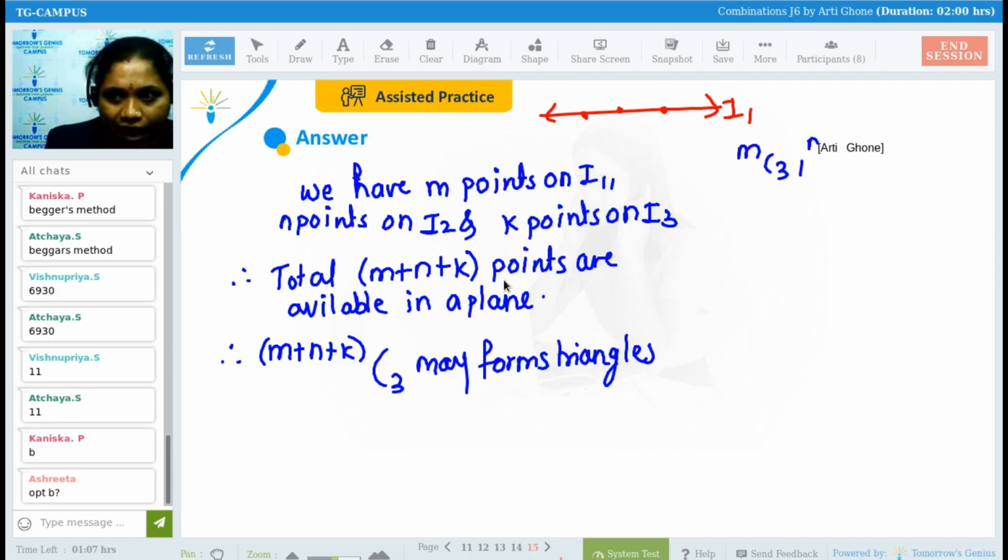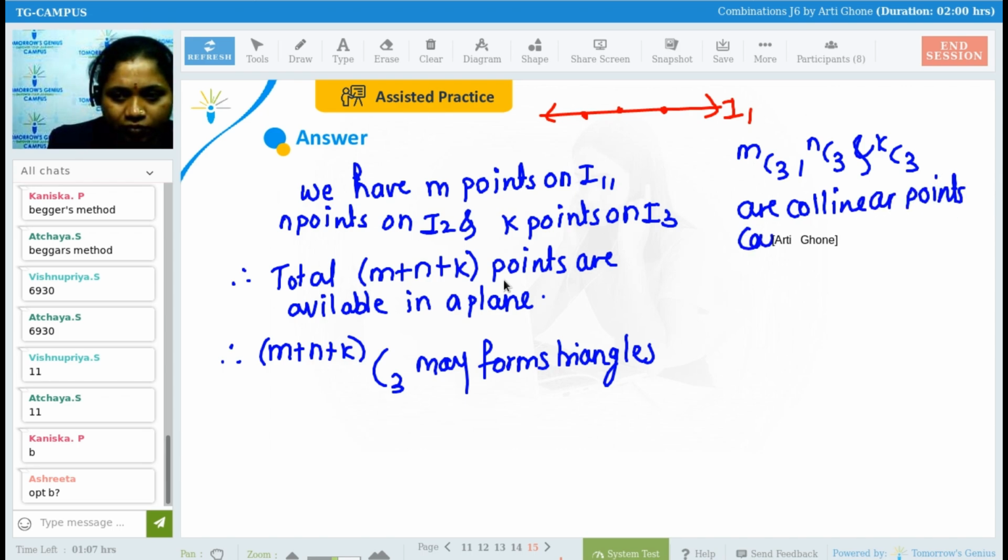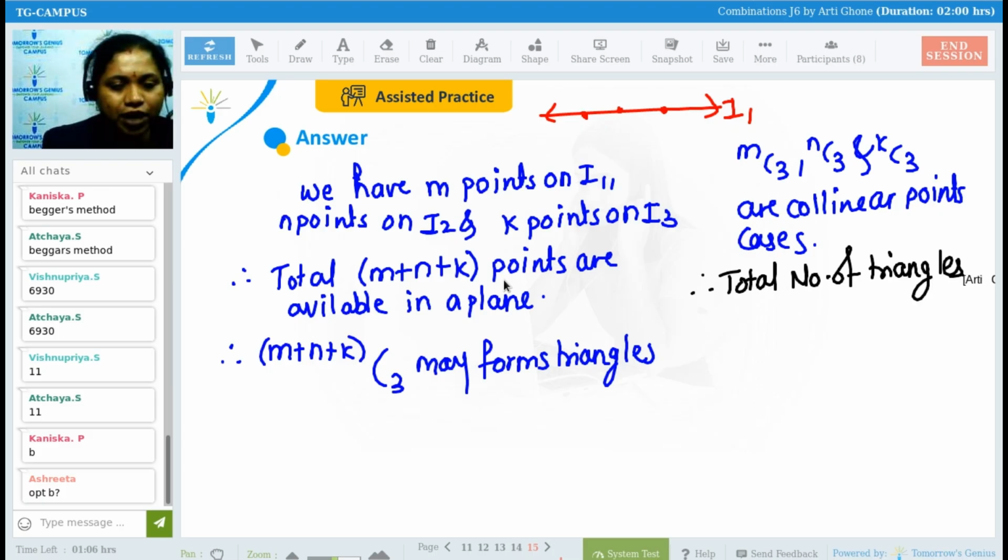MC3, then NC3 and KC3 are the collinear point cases, right? So therefore, what are the total number of triangles formed?